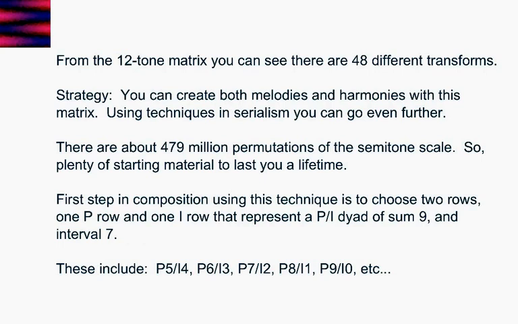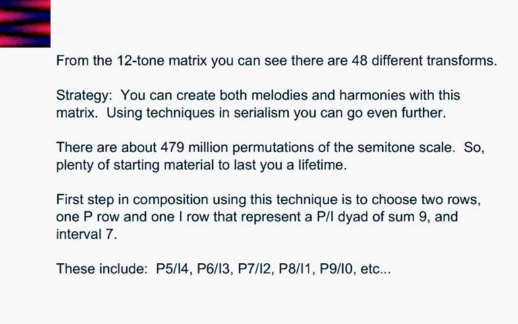So let's proceed. So what's the first step in composing our piece of music? Well, we're going to be using this technique using these two rows, what are called pi dyads, one prime row, one inverse row. And we're going to be sticking with sum 9 rows.